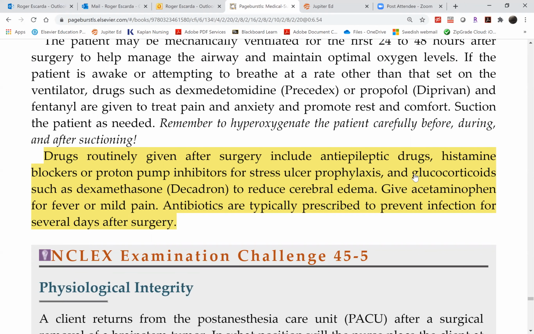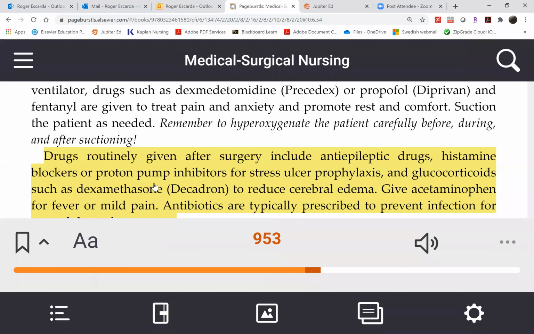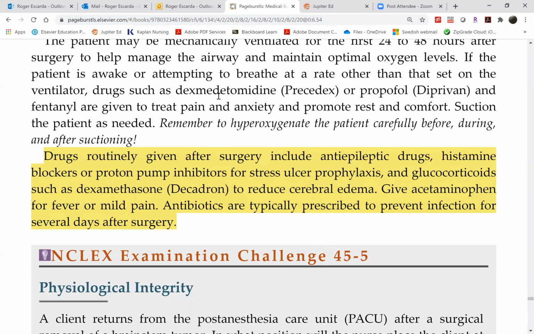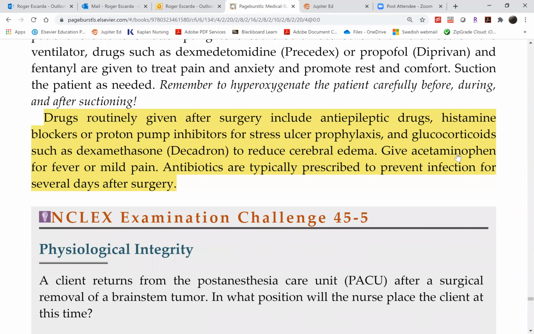Steroids will help with the cerebral edema, but only dexamethasone. We don't use any other steroid. No prednisone, no methylprednisolone, only dexamethasone. You'll see this not only in TBI, but in stroke and also in brain tumors. Patients with all these conditions receive dexamethasone.